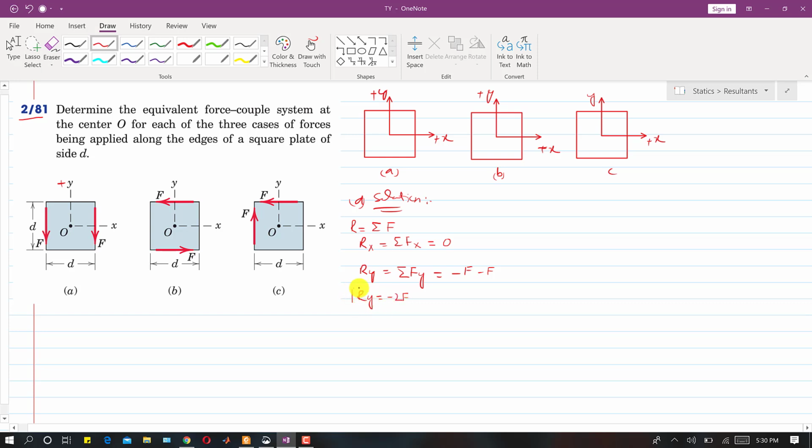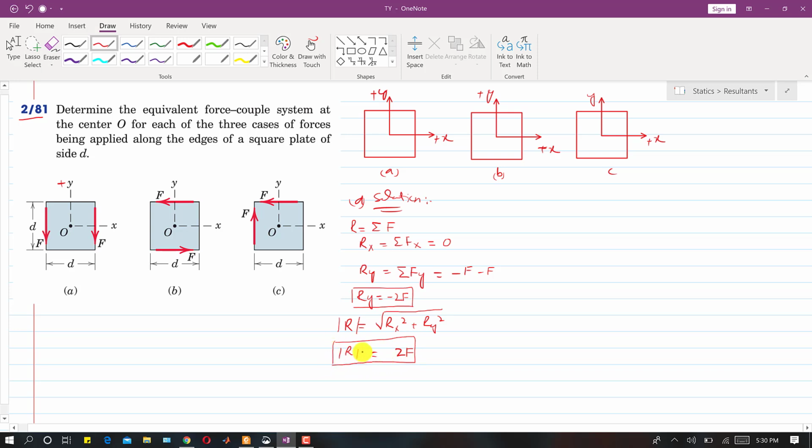Now if you want to find the magnitude of R, R will be equal to the square root of Rx squared plus Ry squared. So the magnitude of R will be the square root of 0 squared plus (minus 2F) squared, so we get 2F.